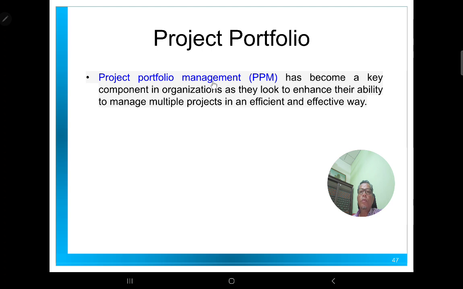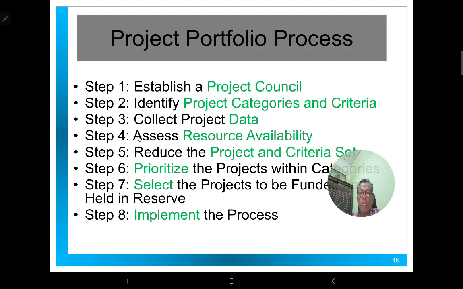So project portfolio management has become a key component in organizations as they look to enhance their ability to manage multiple projects in an efficient and effective way. Usually a project portfolio process involves a number of steps. Number one, establish a project council or team members.